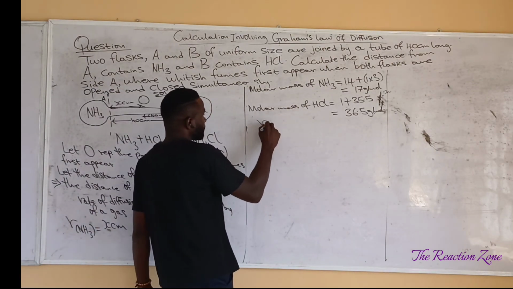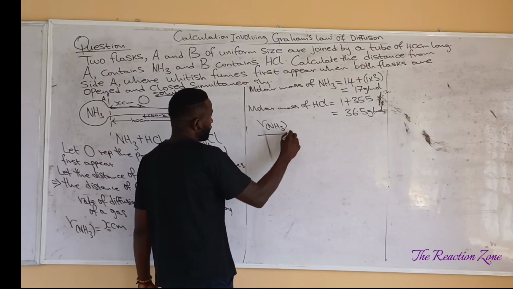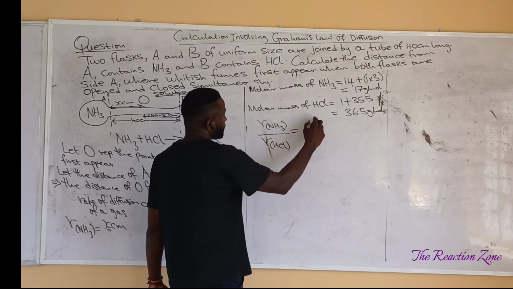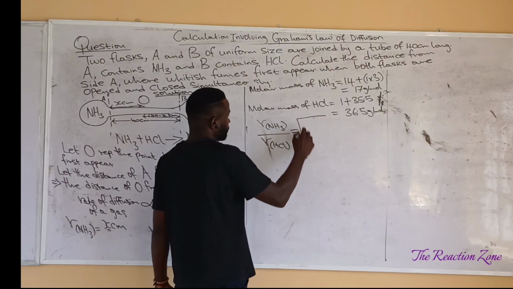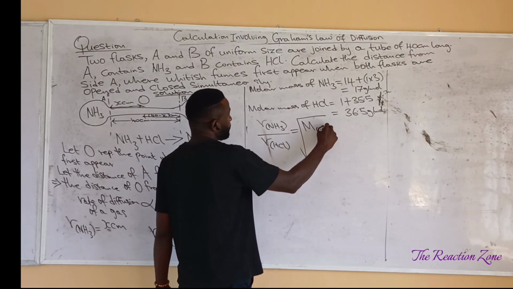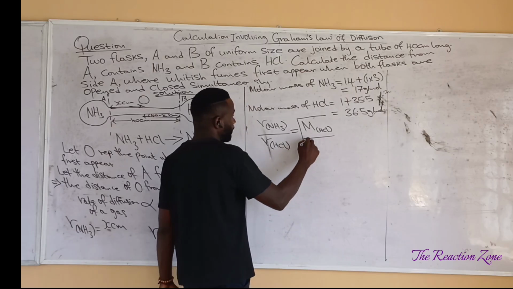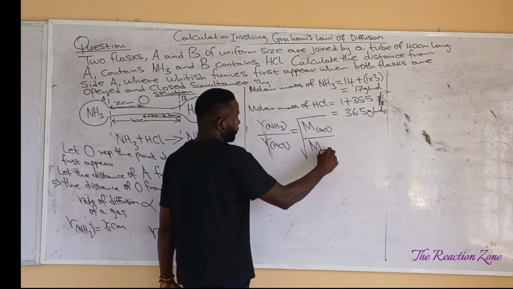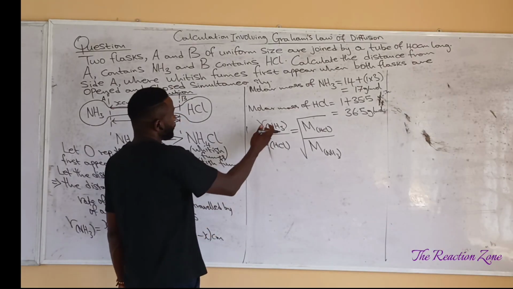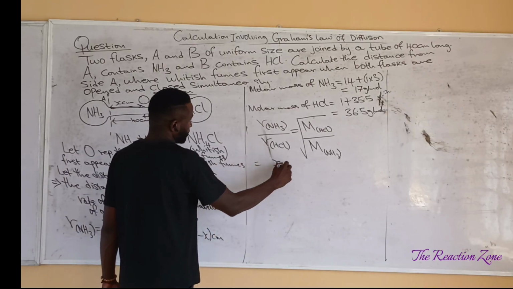So, rate of diffusion of ammonia over rate of diffusion of HCl is equal to the square root of the molar mass of HCl over the molar mass of ammonia. The rate of diffusion of ammonia is represented by x.